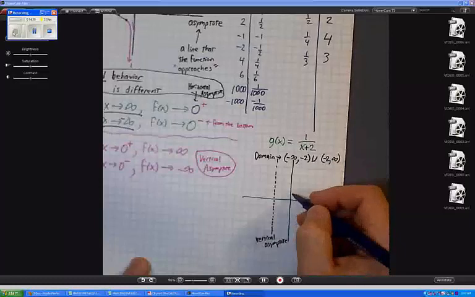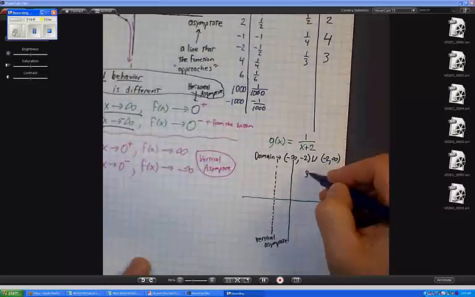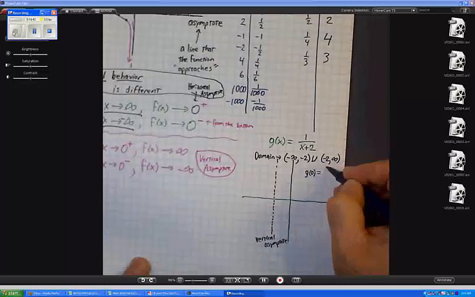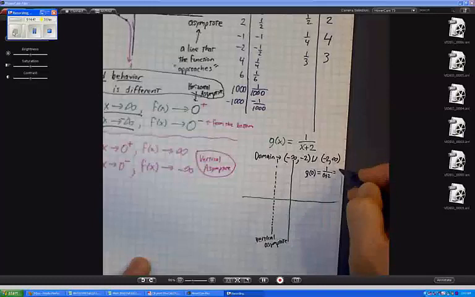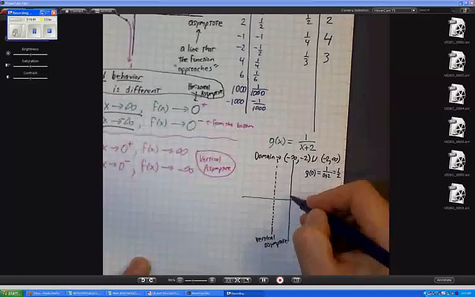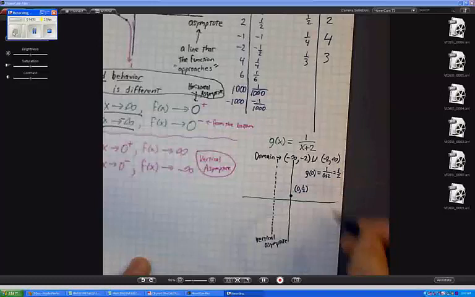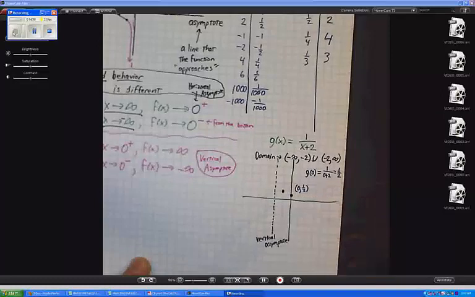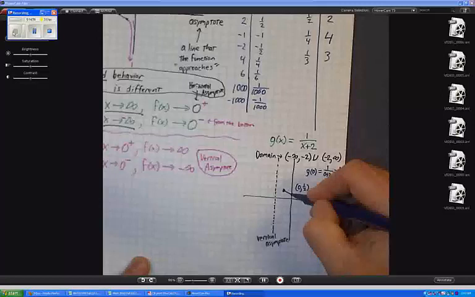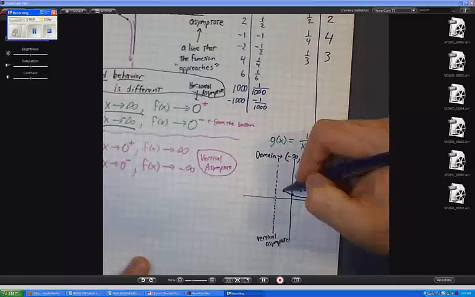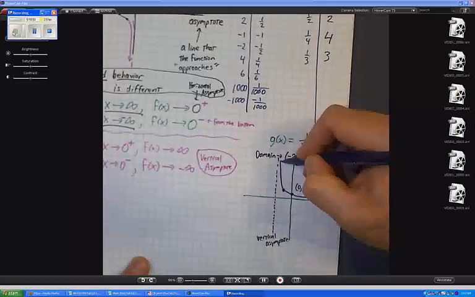So I could compute G of 0, right? That's 1 over 0 plus 2. What's that? 1/2. So it goes through 0, 1/2. I could check that it also goes through negative 1, 1. It's the same exact graph, it was just shifted to the left.